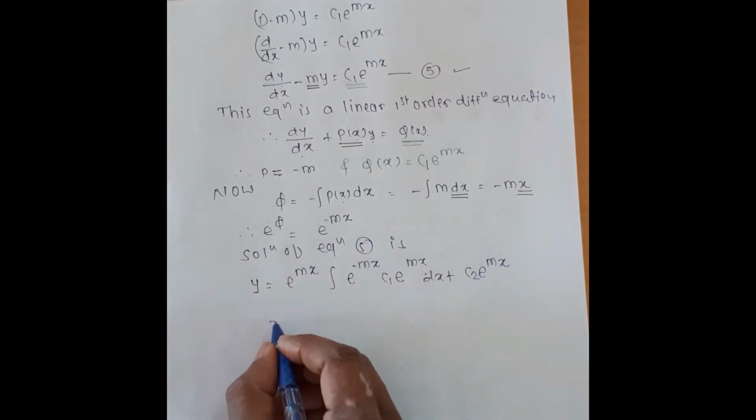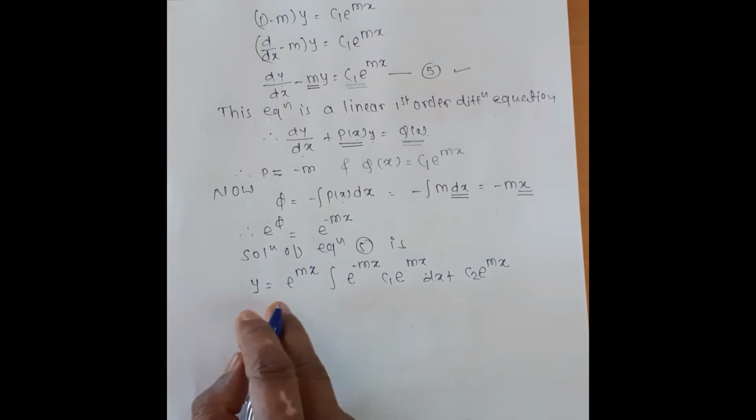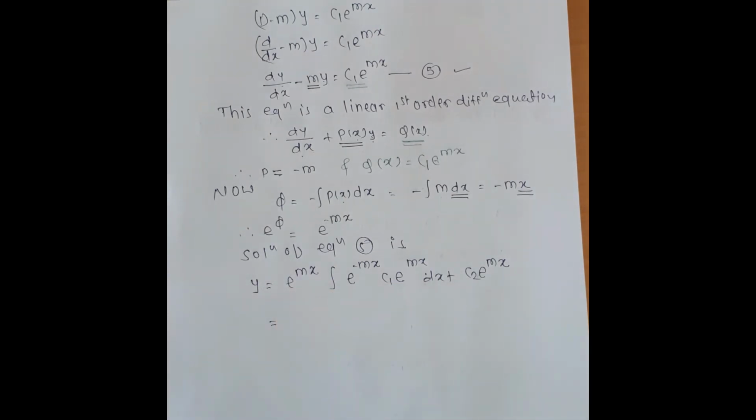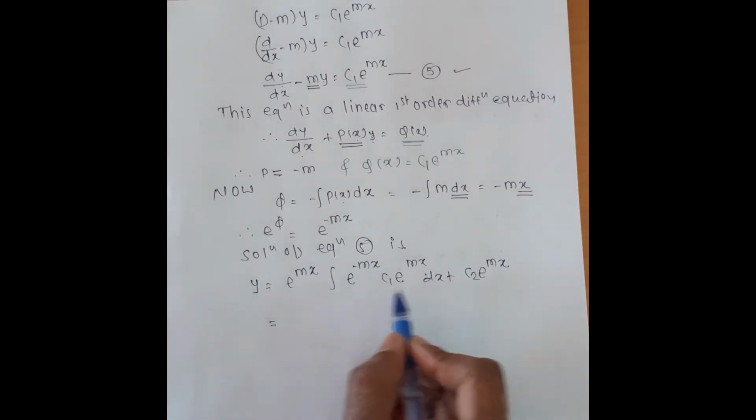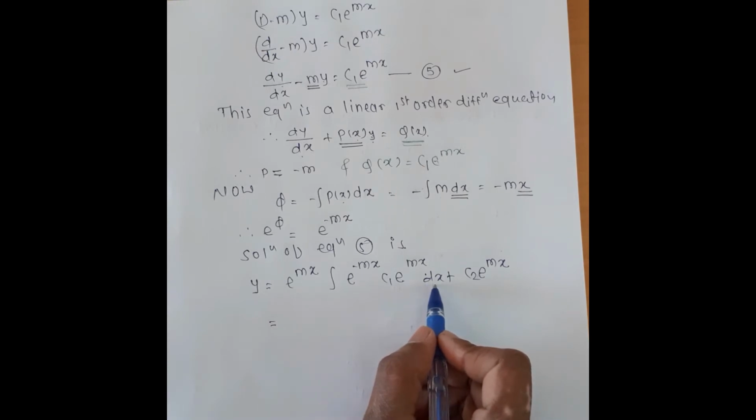Now if we multiply e raised to minus mx with e raised to mx inside the bracket, then what happens? The remaining term is only dx, so the integration will be x.